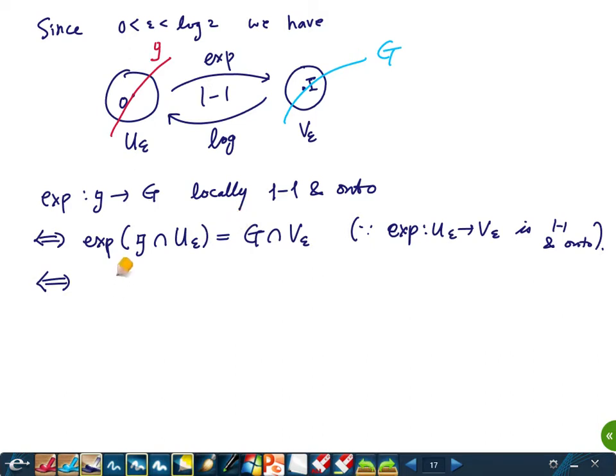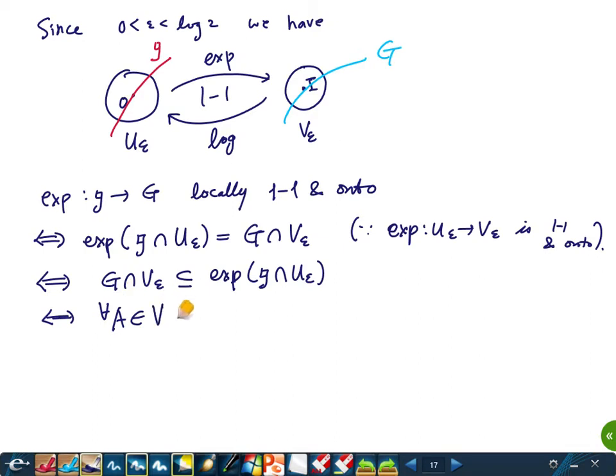So basically, we want to know whether the other direction is true. What does that mean? It means for all a over here, a is in G if and only if there exists x here such that e to the x equals a.